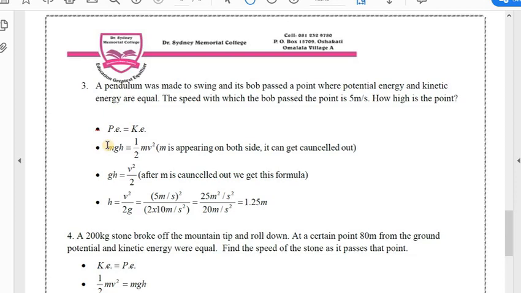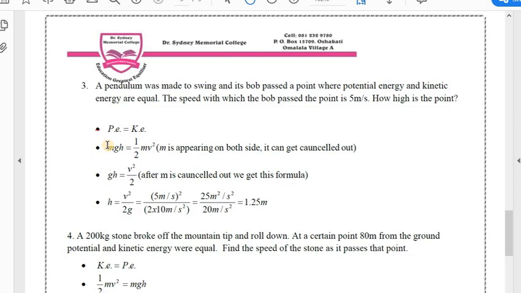Physics is done as an abstract concept. You must be able to solve things in the air first before you solve them on the ground. You have to be able to solve abstract calculations and then place them into the physical. So mgh is equal to half mv squared.